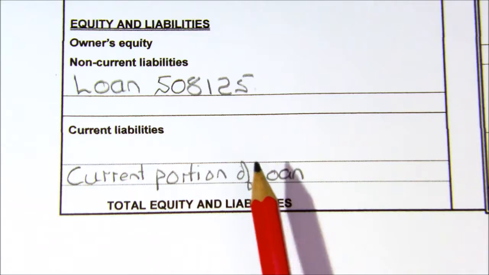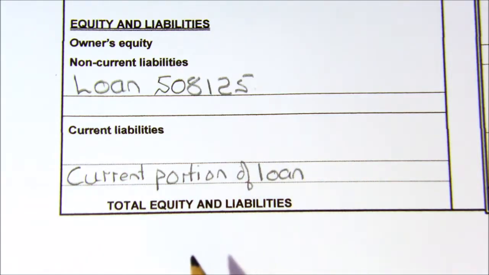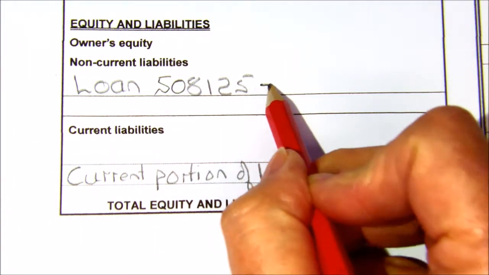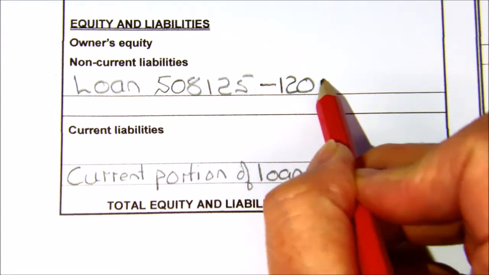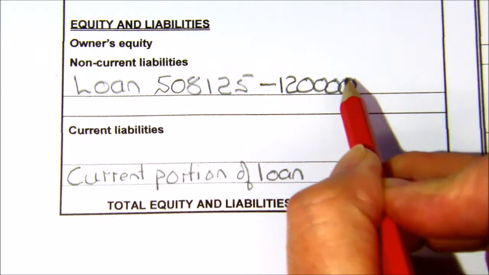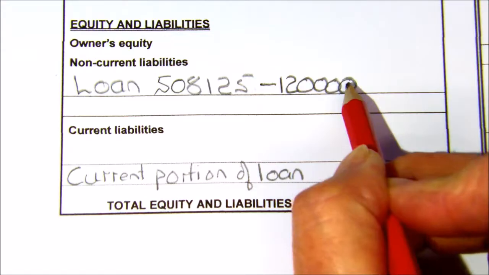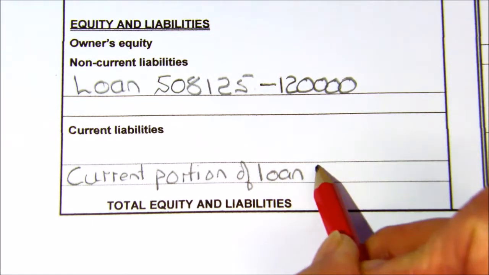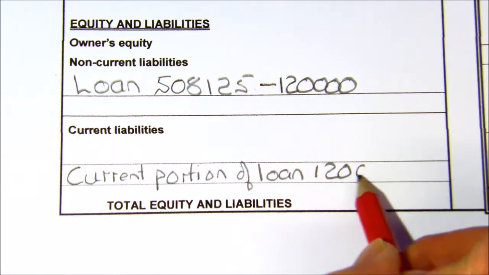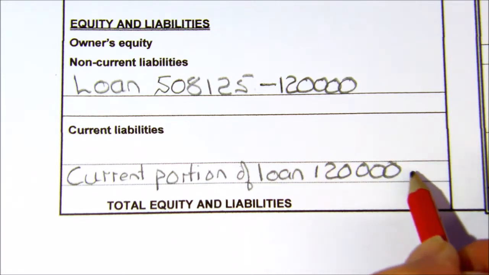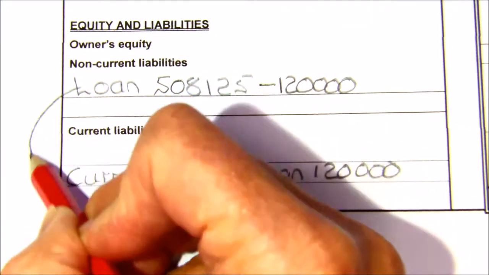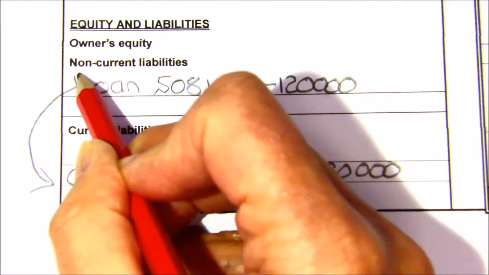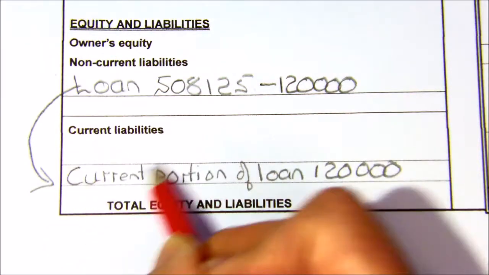So, because it's falling due in the next year, same thing, we take it away from the non-current. This 120,000 you do not have more than a year to pay back, and it goes out of there and it comes in to be a current portion of the loan. So it goes out of non-current into current.